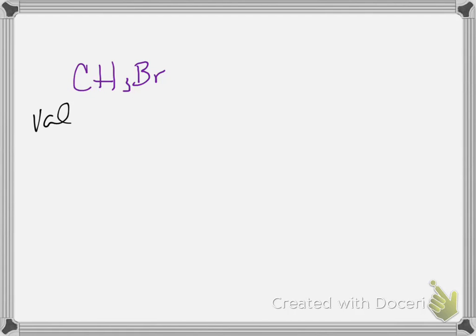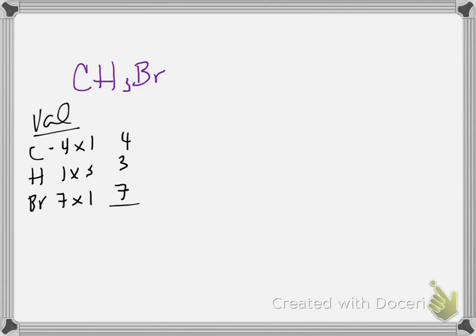First step, figuring out valence. And you guys said you know how to do this. So we've got C, H, Br: 4 times 1, 1 times 3, 7 times 1, so 4, 3, 7, 14. Okay, and octet.